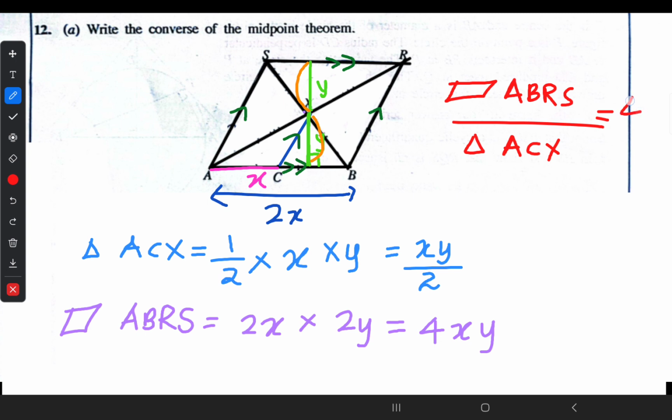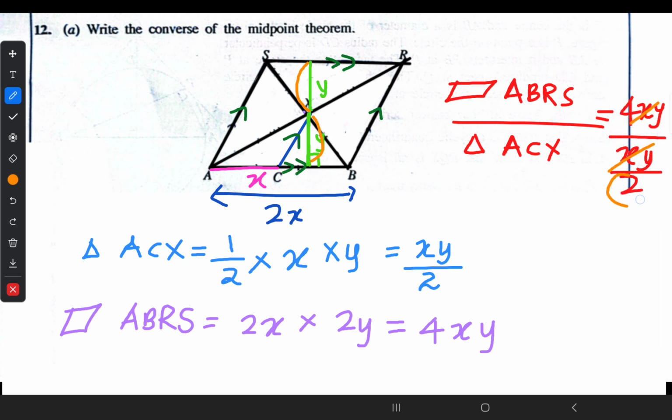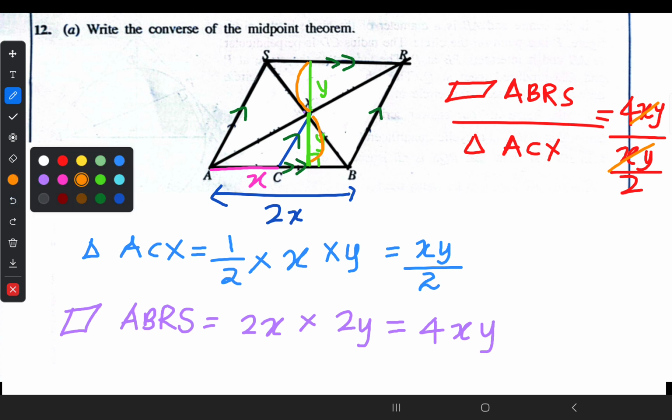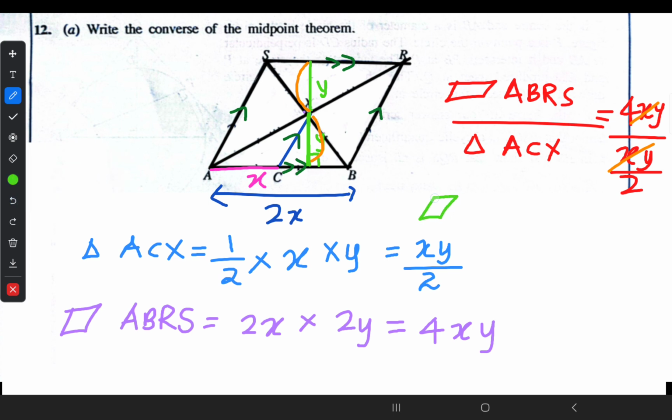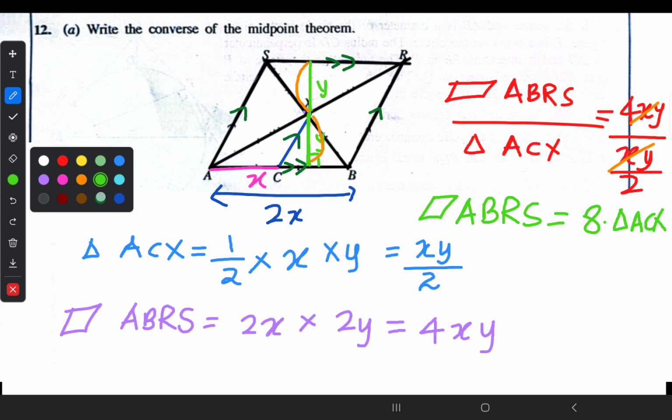So here 4xy should be divided by xy divided by 2. So this xy and xy can be simplified. Thereafter the divisor becomes a multiplier. So the area of ABRS equals 4 times 2, which is 8, times the area of triangle ACX.